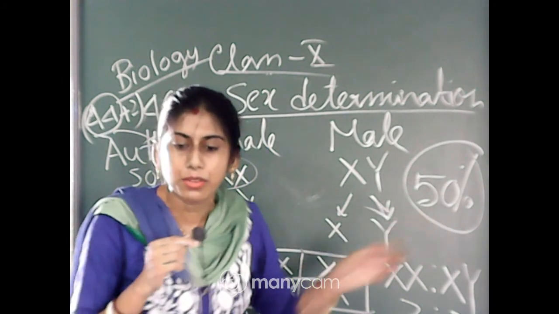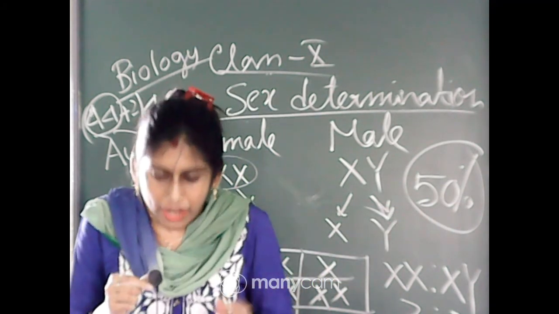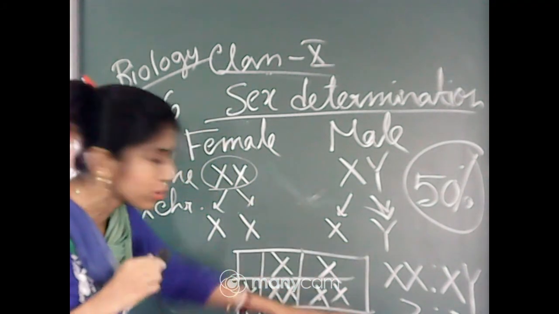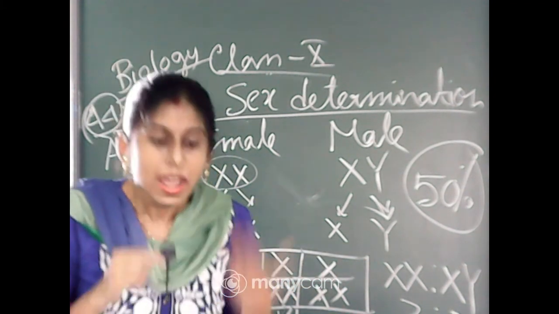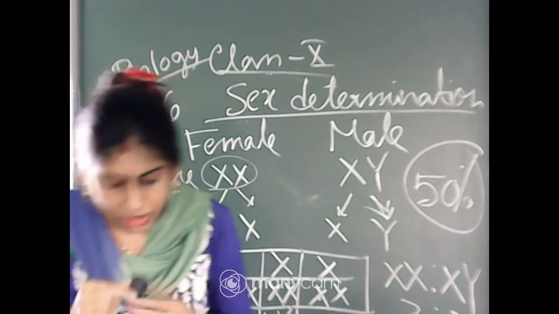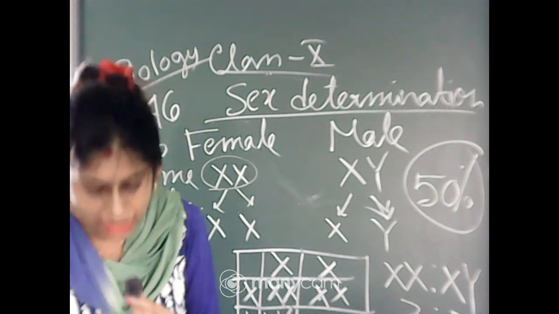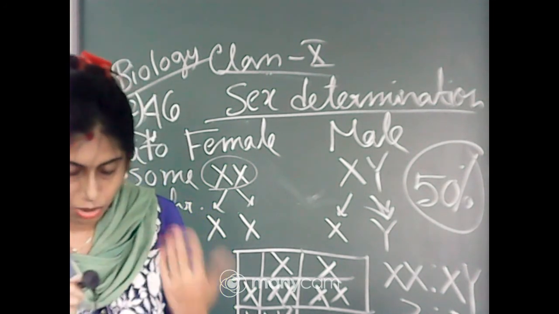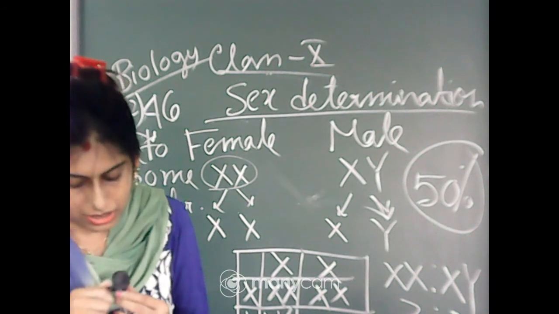If a child has the XY chromosome, then the child will be a boy, and if the child has XX chromosomes, the child will be a girl. That is how the sex of the children is determined.